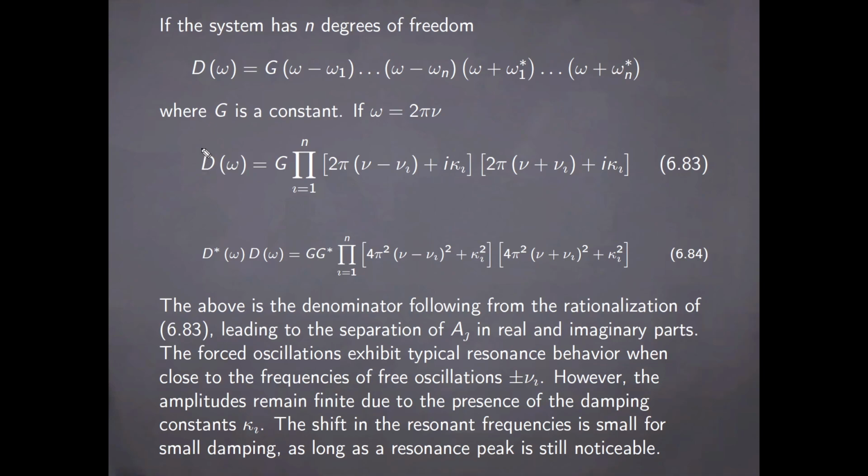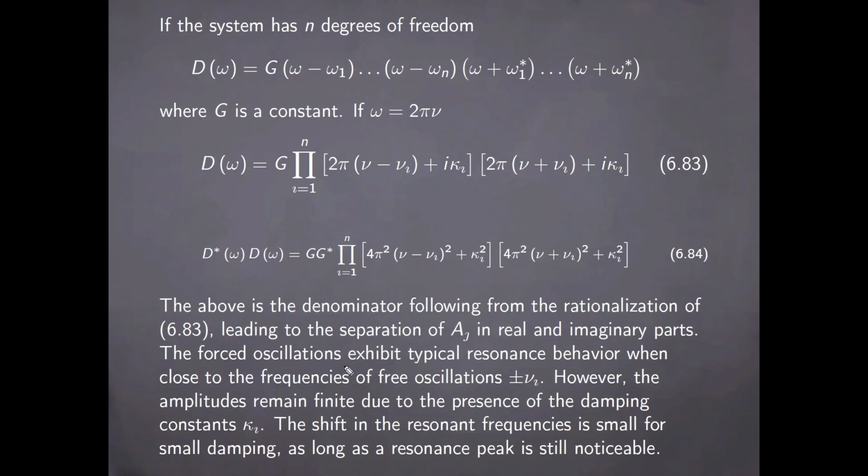And if we multiply this determinant with its complex conjugate, we should obtain something like the expression here. So the above is the denominator following from the rationalization of 683, leading to the separation of the coefficients A of index j in real and imaginary parts.